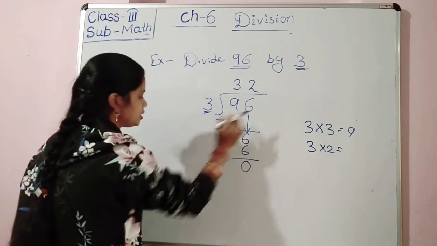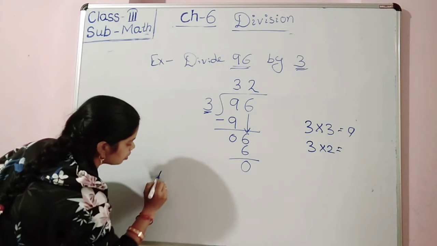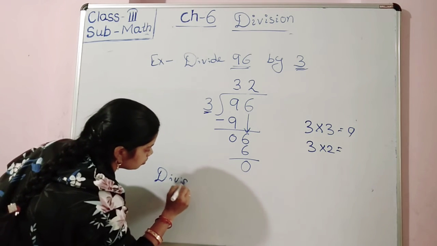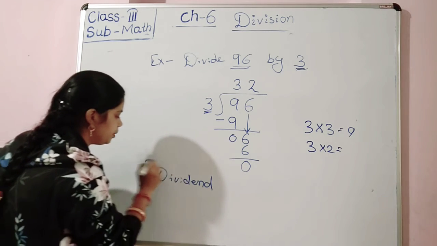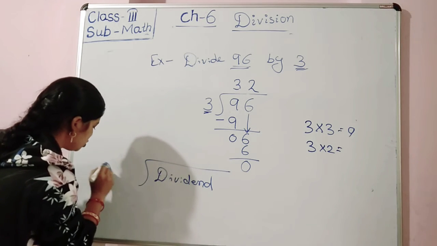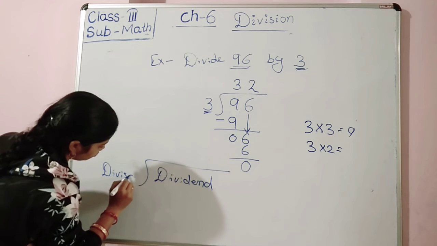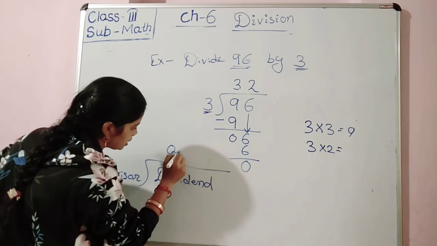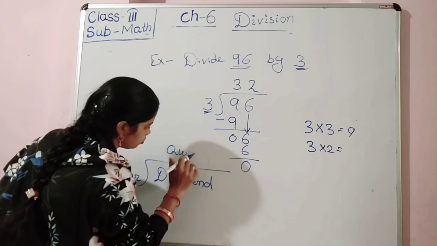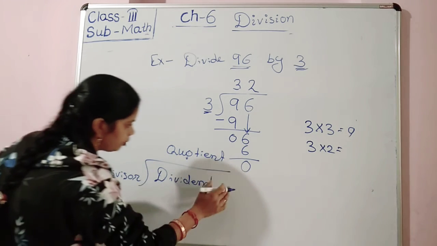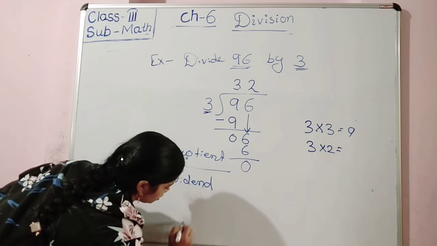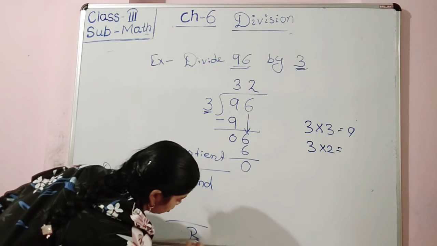Here 96 is the dividend, and 3 is the divisor. Here is the divisor place, and this is the quotient place, the answer. And this is the remainder, 0.